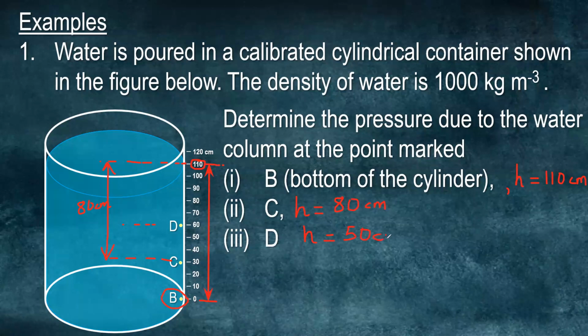Of course, you have to remember that before you use this depth, you must convert them from centimeters to meters. You have to convert them from centimeters to meters. Actually, let me just display the full working.